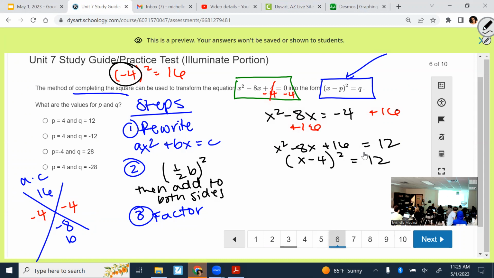Now, does that look like the step that it told us to stop at? You have to uncover your eyes to know. So does that look like the step that it wants us to stop at? Or do you want to keep going? You want to solve the whole thing?